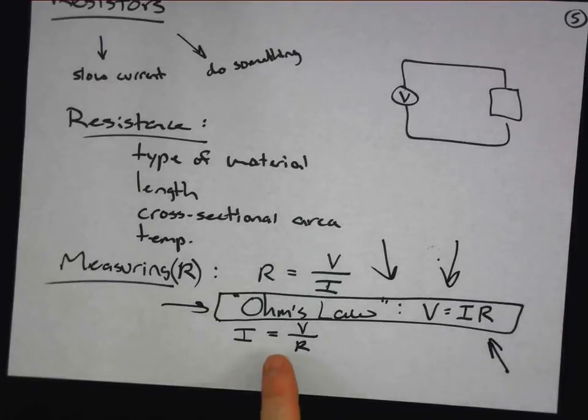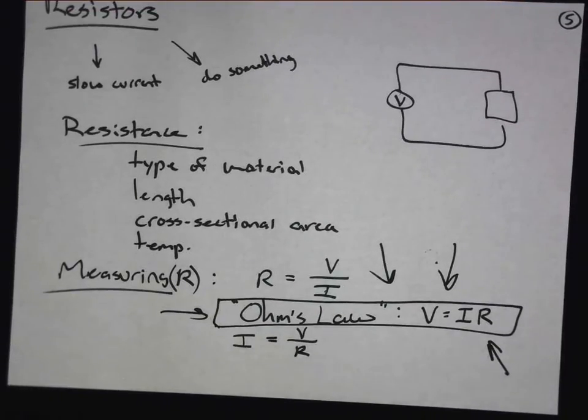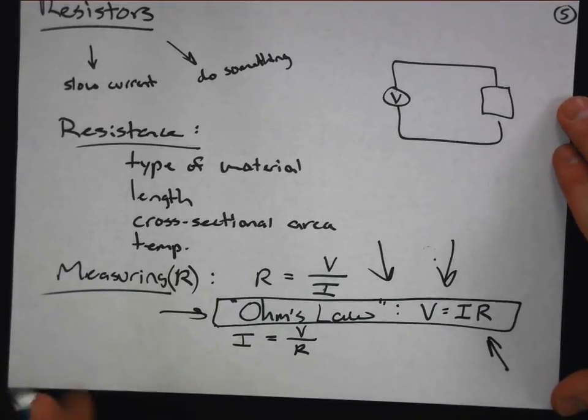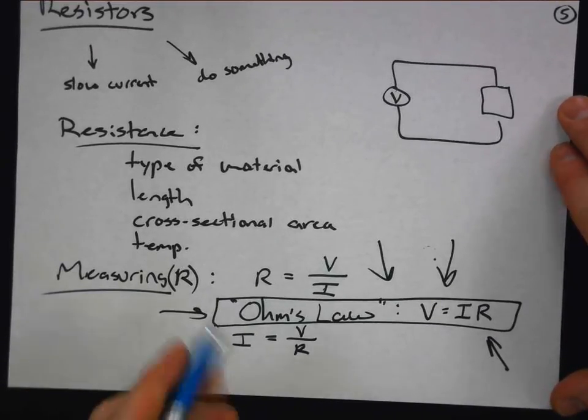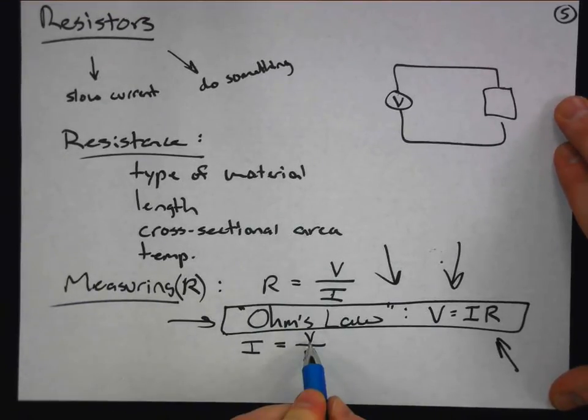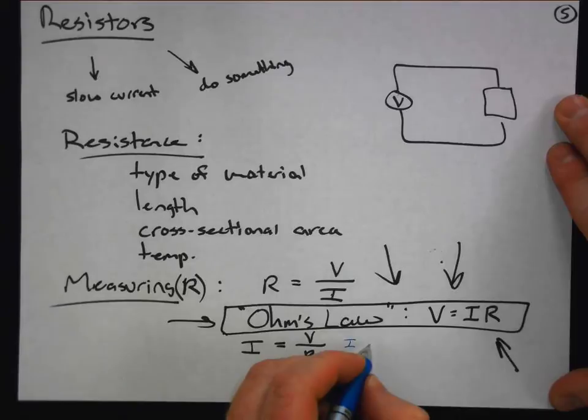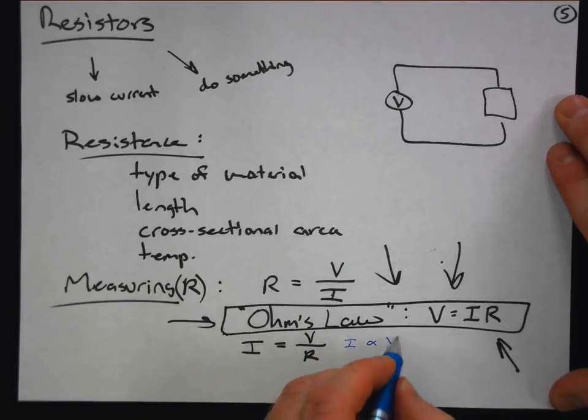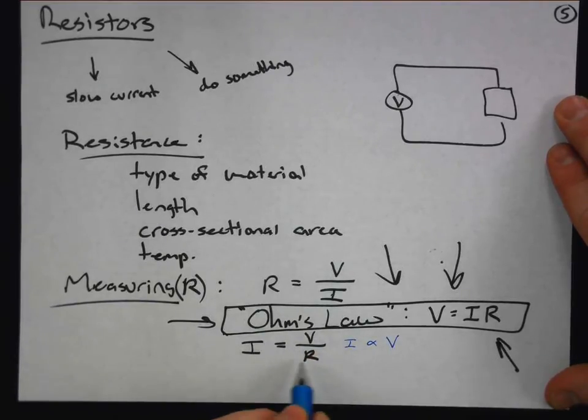The reason I like to write it like this is because it shows that the current flowing through a circuit is directly proportional to voltage. So current is directly proportional to voltage. It also shows that current is inversely proportional to resistance.